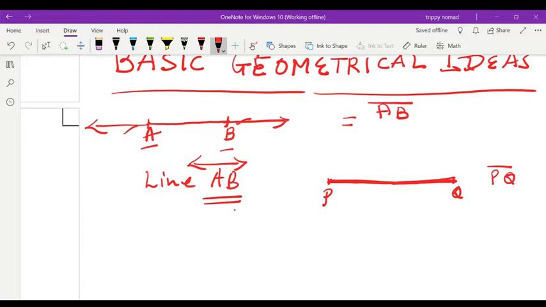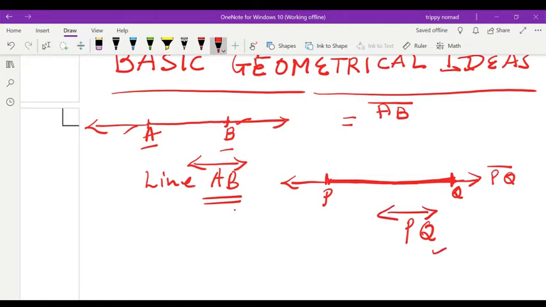But if you can extend the PQ line segment beyond point Q as well as beyond point P, then it will become a line. This is called a line, and it will be represented like this. This is the difference.